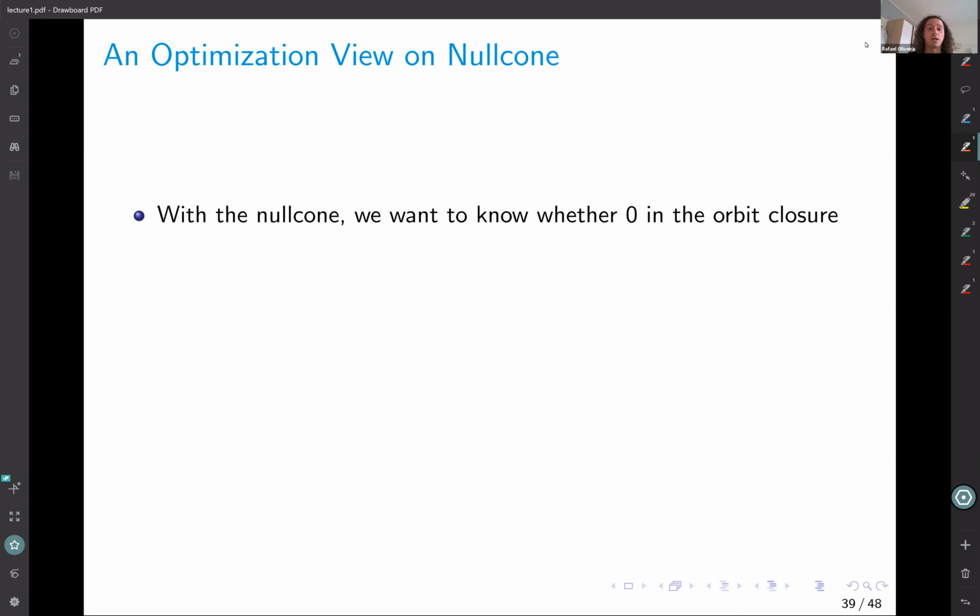Now, let's talk about the null cone from an optimization perspective, a more geometric perspective. We saw the algebraic perspective, where we looked at it through the viewpoint of invariant polynomials. Now I would like to talk about an optimization way of viewing the null cone problem. With the null cone, we want to know whether 0 is in the orbit closure.